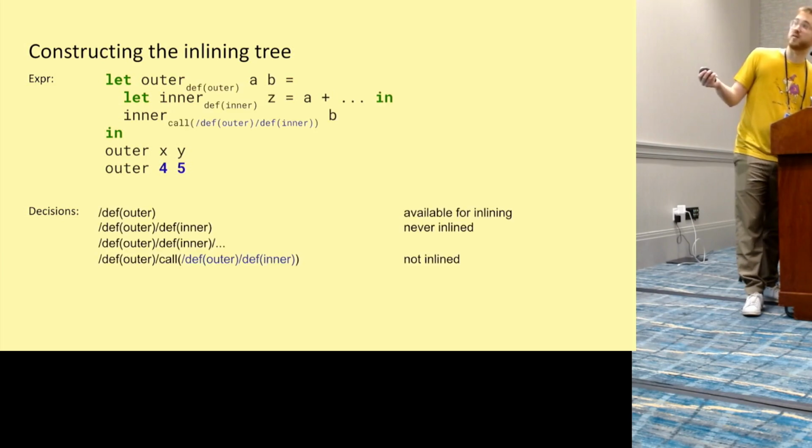For example, while compiling the definition of outer, I'm going to say, oh, there's the top level, and then this one is the definition of outer. This one is the definition of inner, and this one is a call to the function that was defined from the top level, then going to the definition of outer, and going to the definition of inner. And because I made a decision on every one of these things, I'm storing a path, absolute from the top level, about this decision.